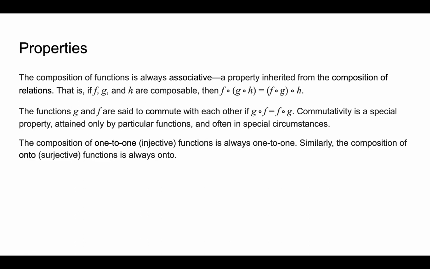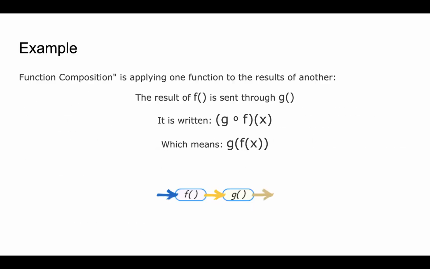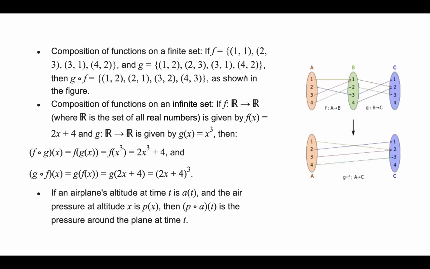The composition of one-to-one injective functions is always one-to-one. Similarly, the composition of onto functions is always onto. Here we have seen in the example that all the functions are one-to-one functions.